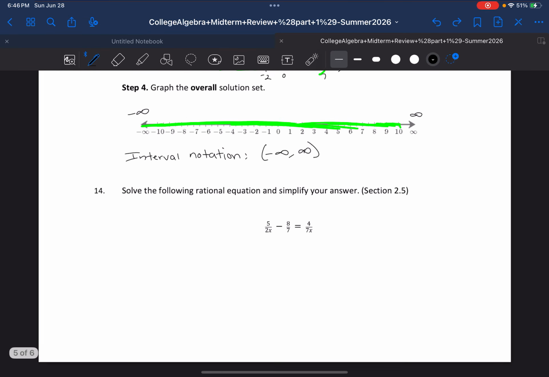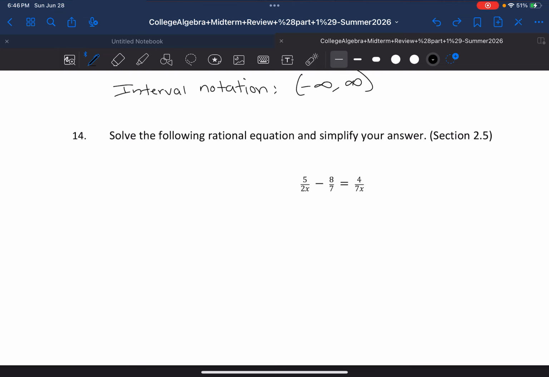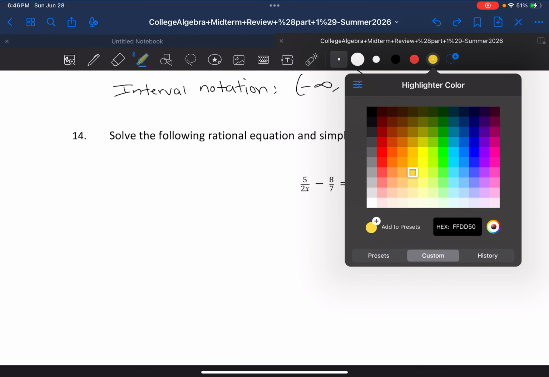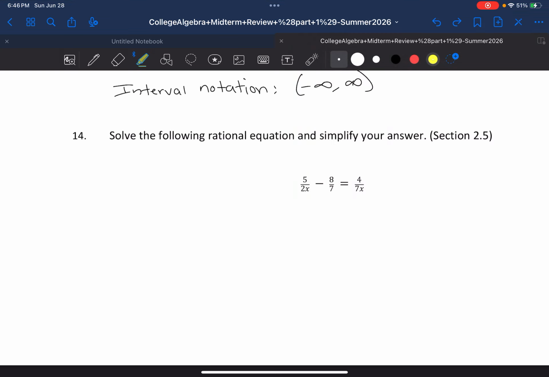All right, moving on. Number 14. So this is going into section 2.5, and this is all about solving rational equations, so equations that have fractions in them and variables in the fraction more specifically.